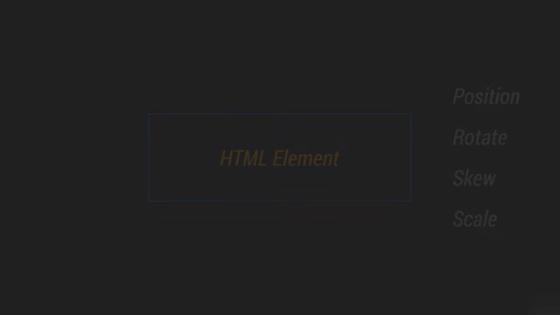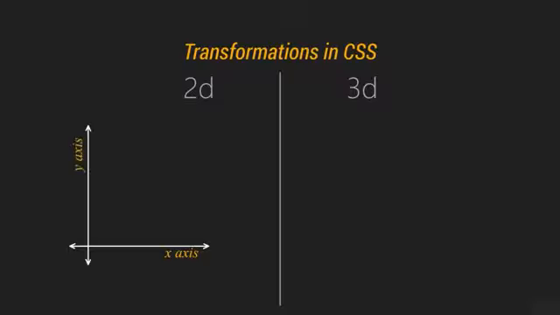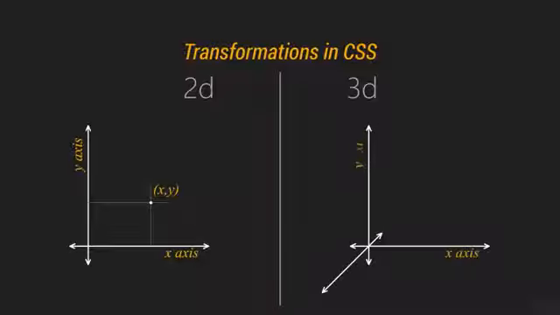Now in CSS there are two types of transformations: 2D transform and 3D transform. 2D shapes basically take two axes, that is x-axis and y-axis. So we will manipulate mostly the x and y axis when creating a 2D shape, whereas 3D shape takes three axes, x, y, and z.